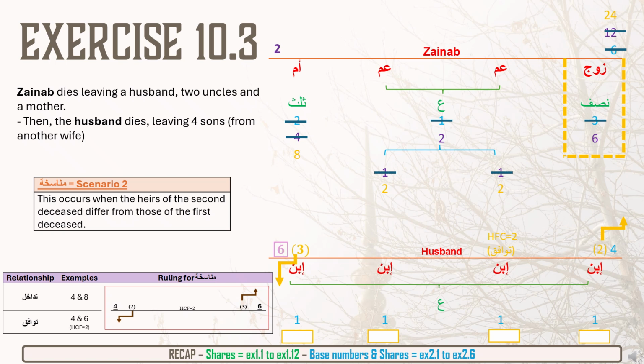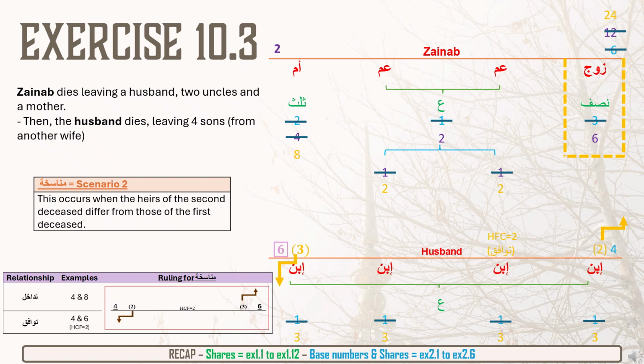We don't need to multiply the husband's shares because he's passed away, and that's one of the reasons we put the box there. And on the other side, the 3 in brackets, that needs to be multiplied downwards to everyone there. So each son who had 1 share will now get 3. So 3, 3, 3, 3, and now that is complete.